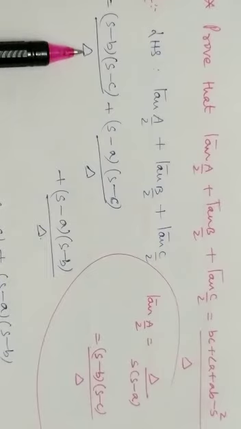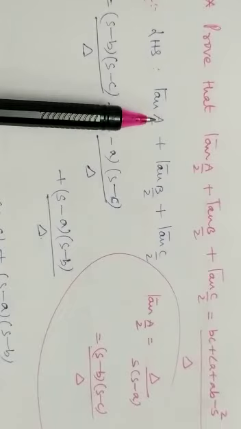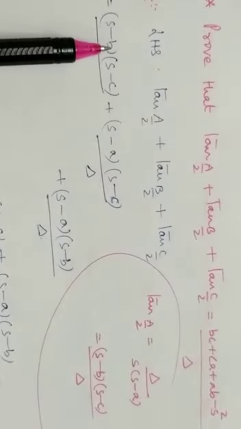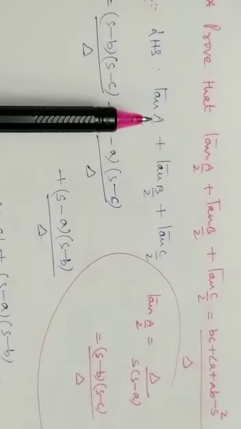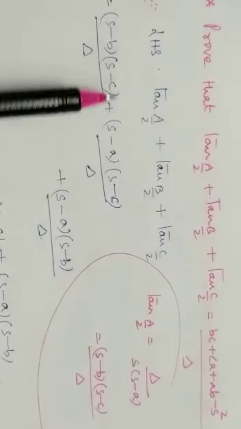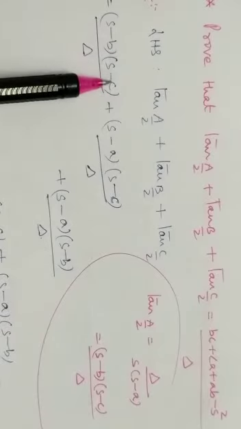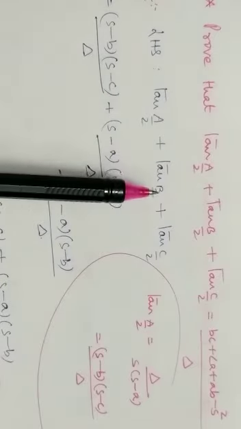If it is A/2, other than A you have to write B and C. In ABC, what are other than A? B and C. So you have to write (s minus b)(s minus c) by delta plus tan B/2.